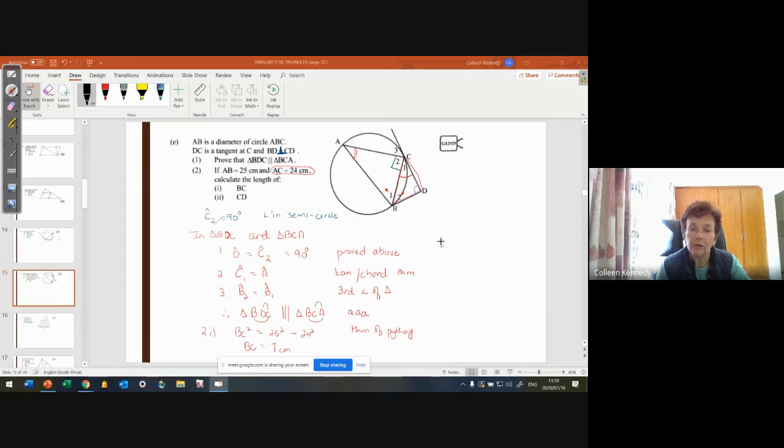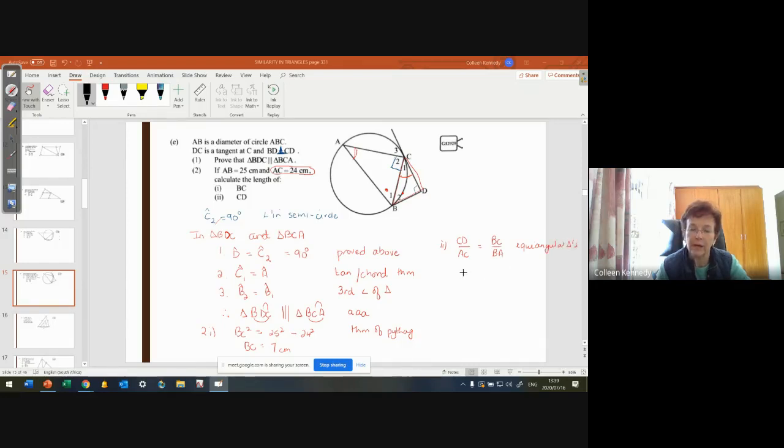So to answer part 2, from your similar triangles, you can put your unknown, CD over AC is equal to BC over BA. The reason is equiangular triangles: their sides are in proportion.